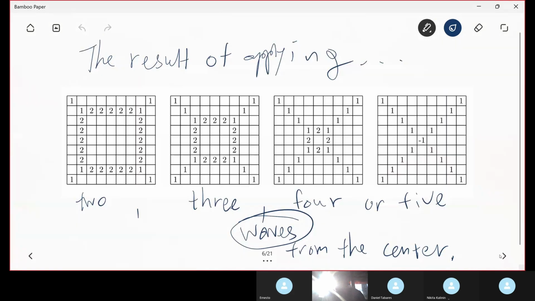So that's for your information how the result of applying several waves would look like on the same 9 by 9 checkered board. So 2, 3, 4, or 5 waves.